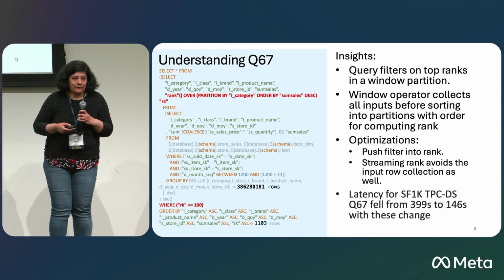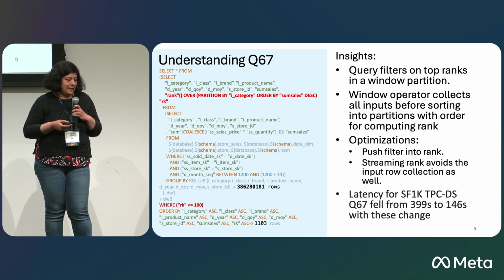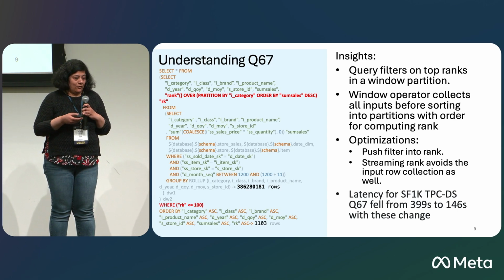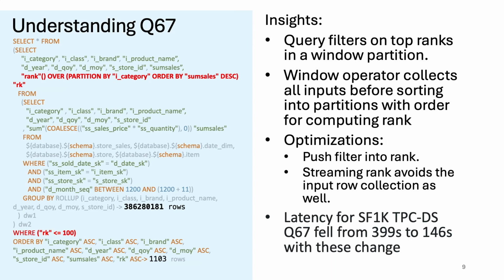So we spent some time trying to understand Q67 and what we could do there. On the left-hand side, I've projected Q67. What it does is there is an inner subquery that does this massive join, and it has a group by rollup to compute aggregates for different sets of columns.